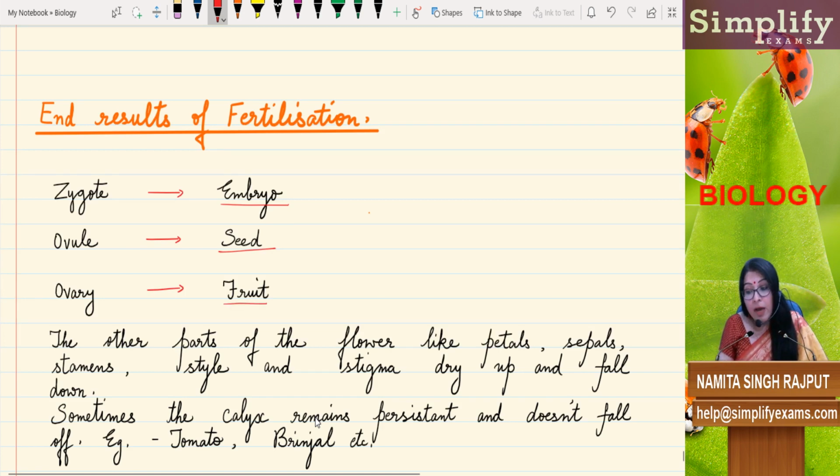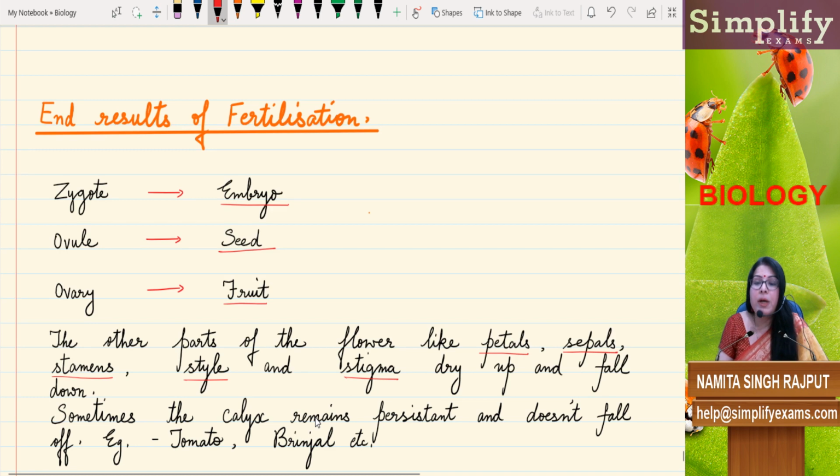The other parts of the flower like petals, sepals, stamens, style and stigma simply dry off, shrivel and fall down. They have no further role. They have already done whatever role nature assigned to them. Now they are of no use to the plant, so they fall off.